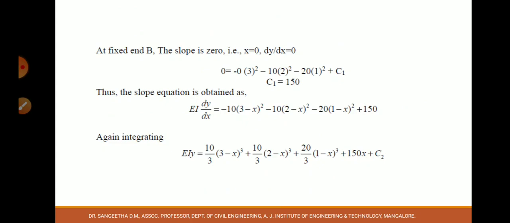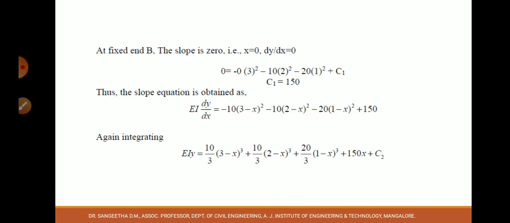Again this equation is integrated. EI into y is equal to the integration of the above expression: 3 minus x whole square. What is the integration of that? Minus 3 minus x whole cube by 3. Correct?